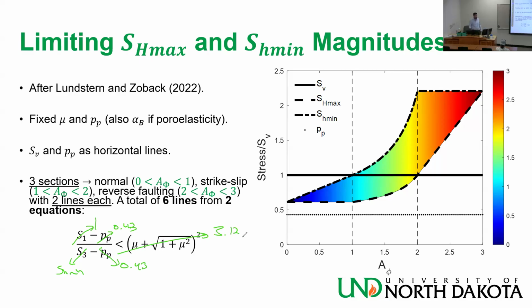I rearrange, I divide by SV. Well, when I divide by SV, PP is going to become 0.43, right? And then this becomes this. And this is what is basically here. Okay, so I have this 0.56 or 62, I don't remember right now. So we knocked down this line, okay?